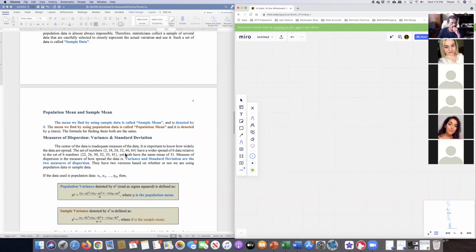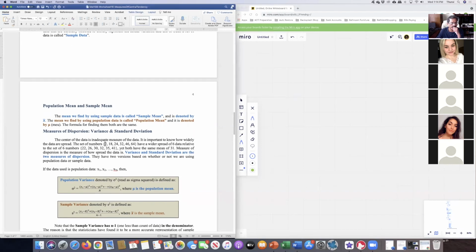To explain what dispersion means, I have some data here. Let's look at these data: 2, 18, 24, 32, 46, 64. These are 6 numbers, and if you look at those 6 numbers and these 6 numbers, you may not be able to immediately see that the dispersion is different.